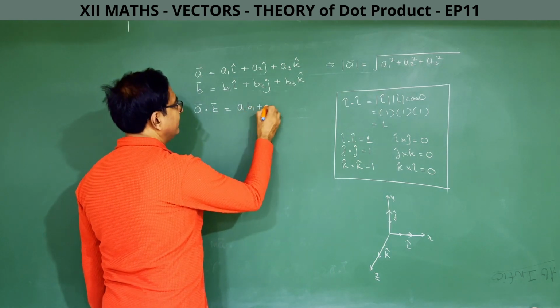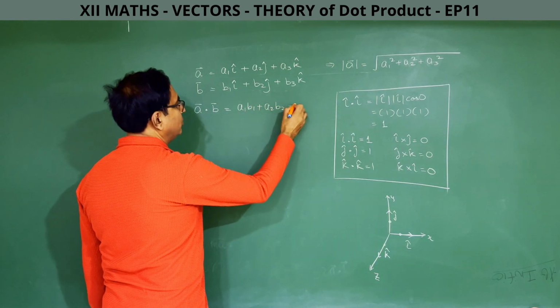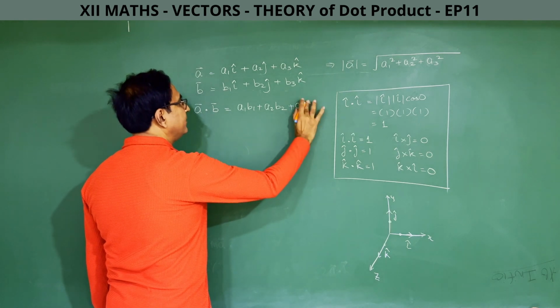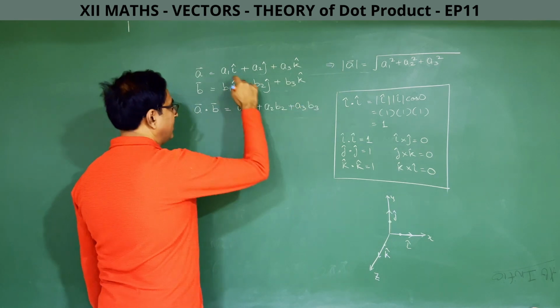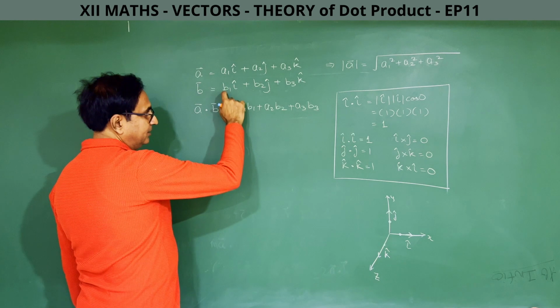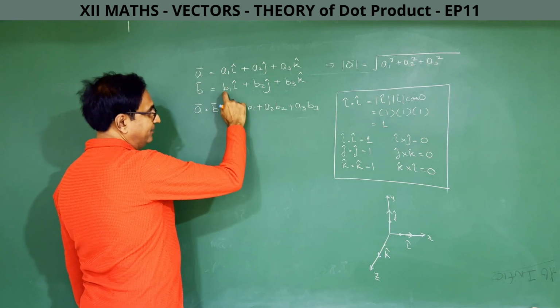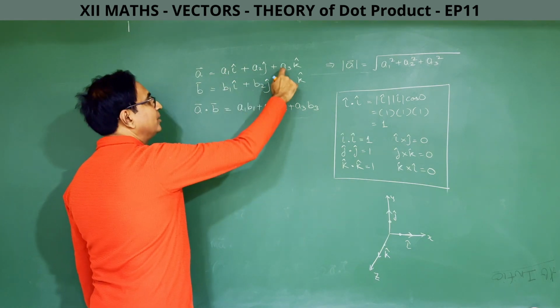a1 b1 plus a2 b2 plus a3 b3. We take the products: a1 b1 plus a2 b2 plus a3 b3.